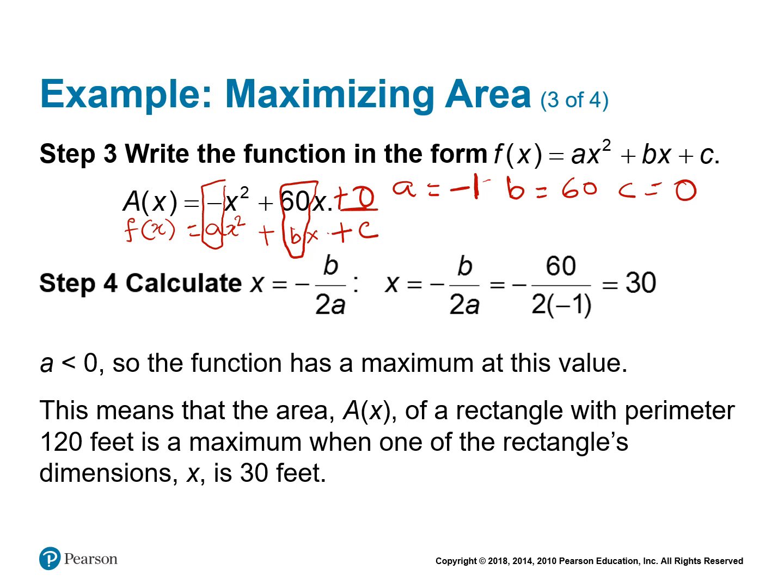So in step 4, we have to go into finding the vertex values, at least the x coordinate of the vertex. So since a is a negative value, because a is negative, we know this is going to be a downturned parabola.